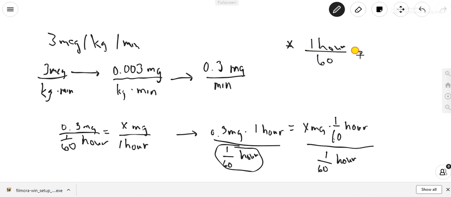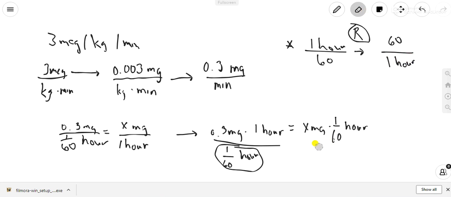So when I flip it and find the reciprocal, which I represent by a big R in a circle, then I'm going to have 60 over 1 hour. So I can change this and multiply by 60 over 1 hour.